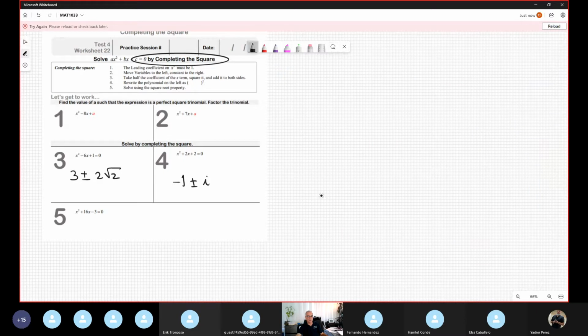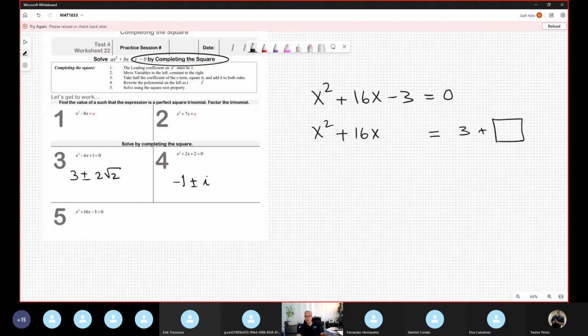Okay, let's do one more. Let's say x squared plus 16x minus 3 equal to 0. Same idea. You bring down x squared, you bring down 16x, you move 3 to the other side, and you put 2 boxes, and inside each box we put the magic number that completes the square of the trinomial on the left hand side.